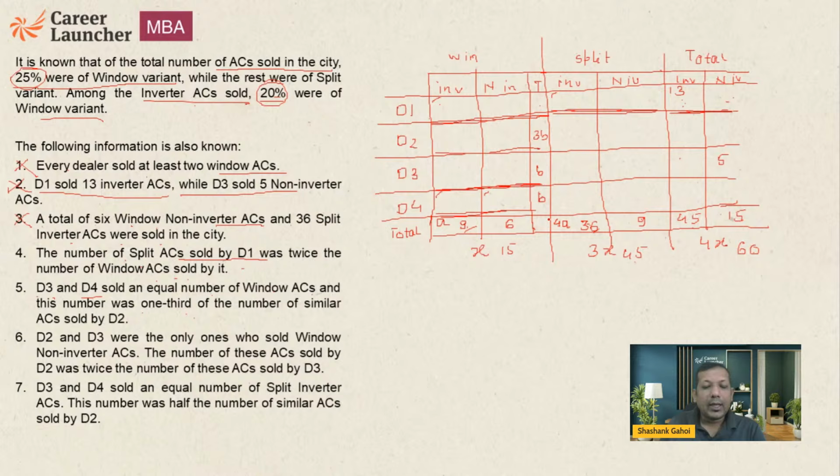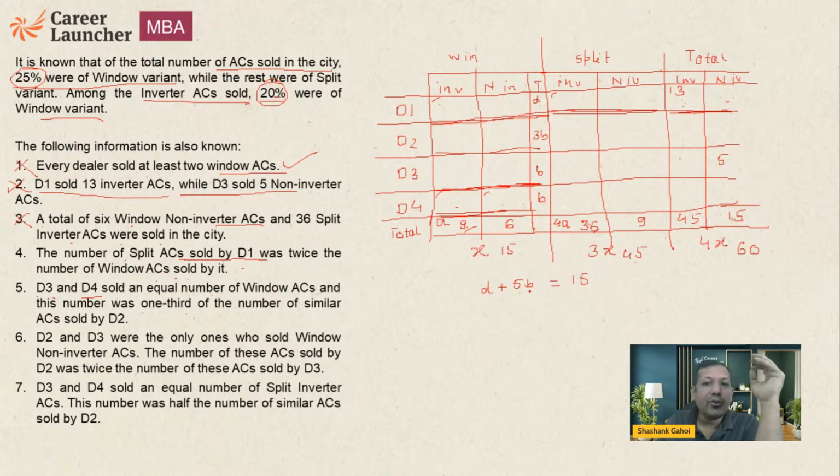Now, let's say this is D. So what is the total number of window AC? That is going to be D plus 5B, and that is equal to the total number of ACs, that is going to be 15, right? I know one thing, that this plus this, B, should be greater or equal than 2 with the help of the first statement.